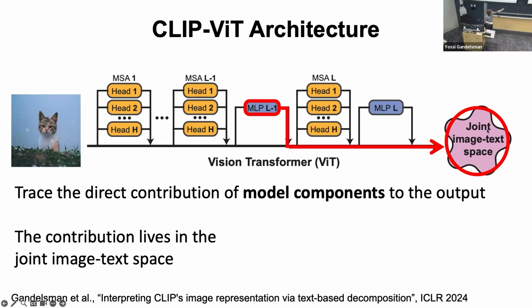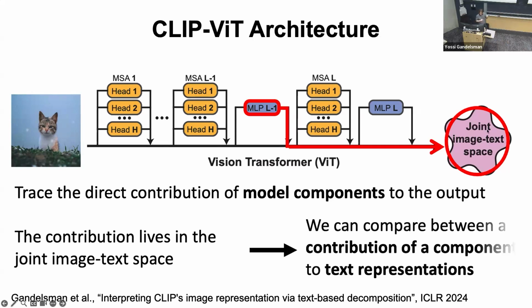So the contribution lives in the joint image-text space, which means that we can compare the contribution of this individual component to representations of text. And that's what we did. In the first paper, we looked at individual components called attention heads, for different images, and tried to explain them with text in the output space.